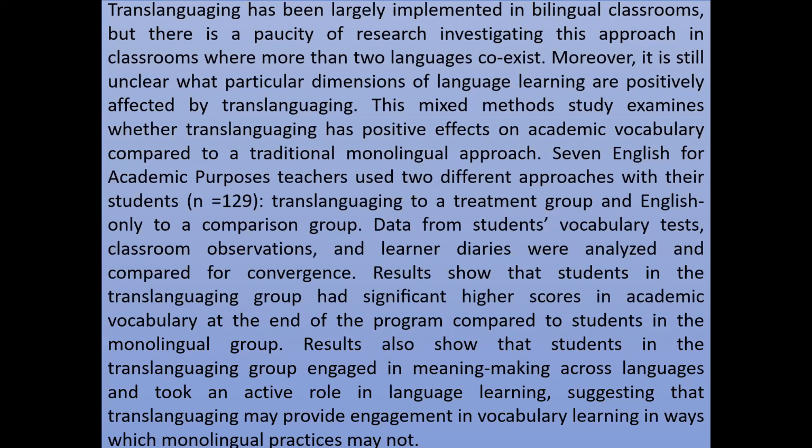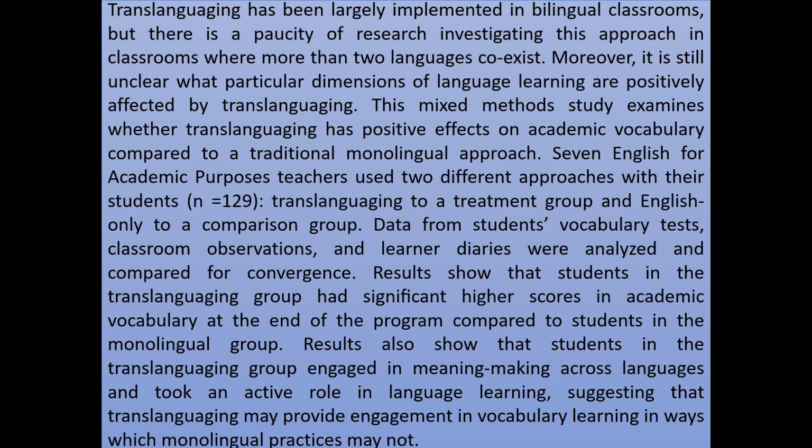This mixed methods study examines whether translanguaging has positive effects on academic vocabulary compared to a traditional monolingual approach. English for academic purposes. Teachers use 2 different approaches with their students. N equal 129.